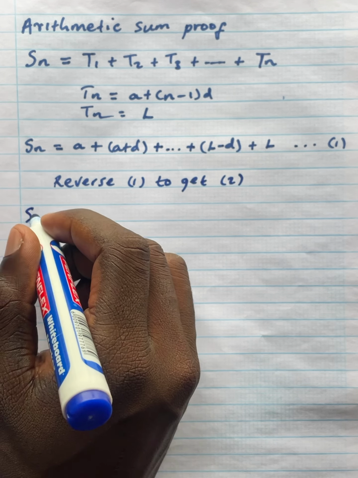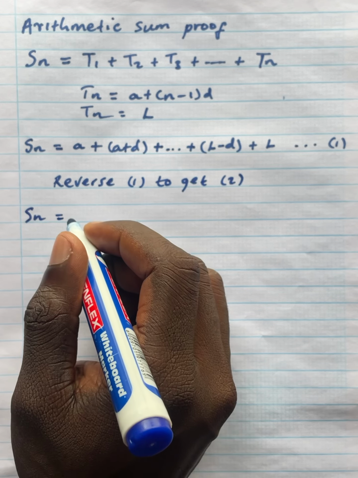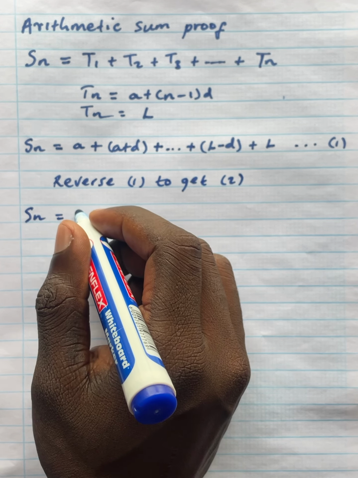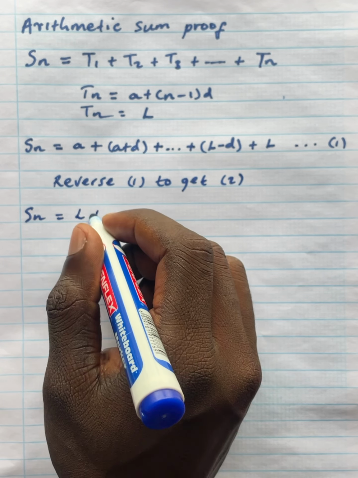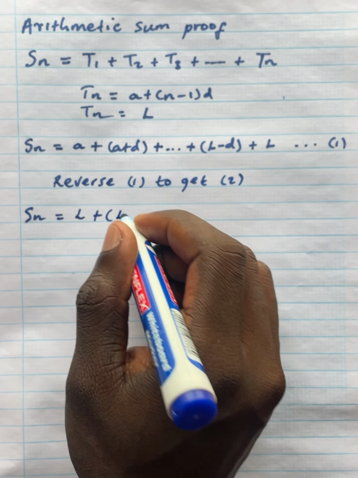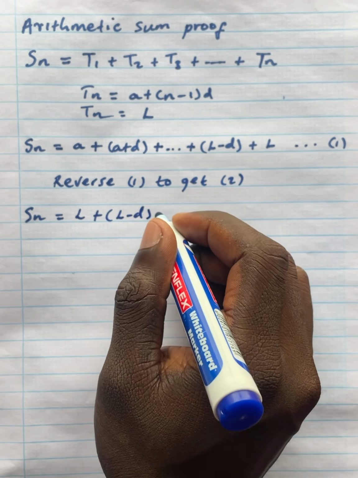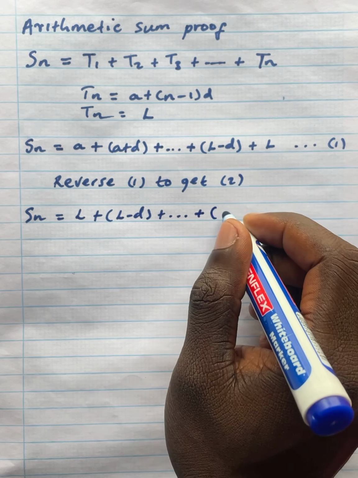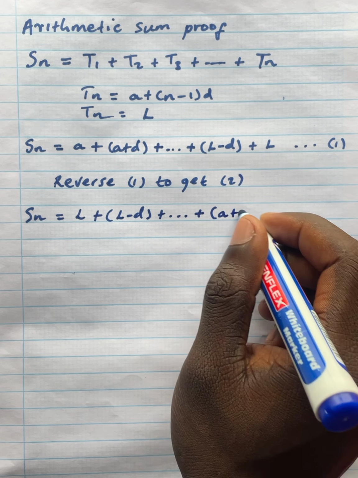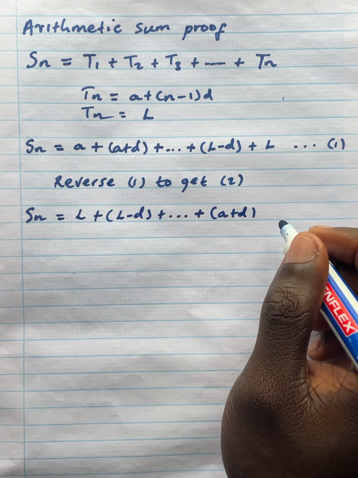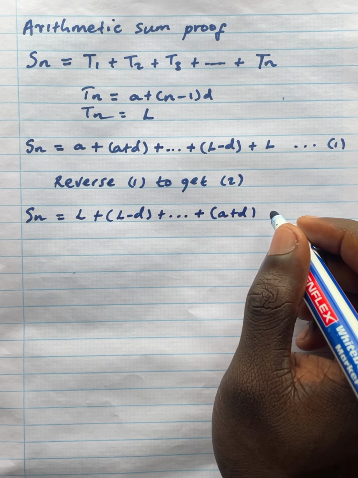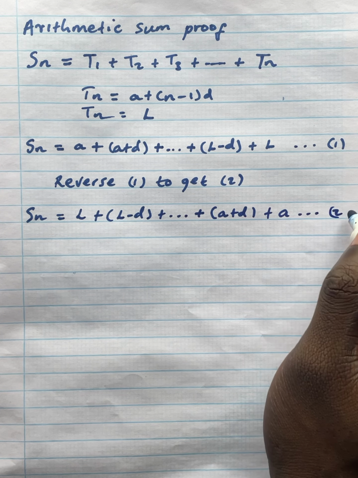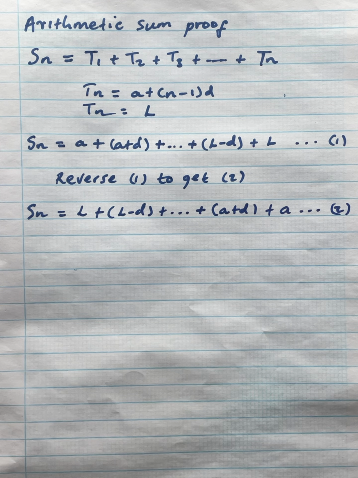We will say S of n is equal to, as we reverse the order, the last term comes first, plus the second last term, that's L minus d, plus ... plus the second term, that's a plus d, and the first term, that is a. That's equation number 2.